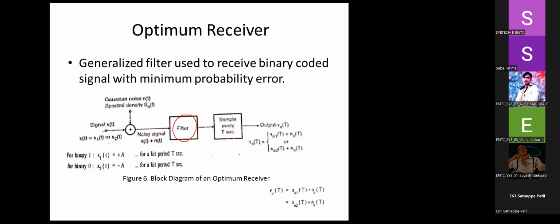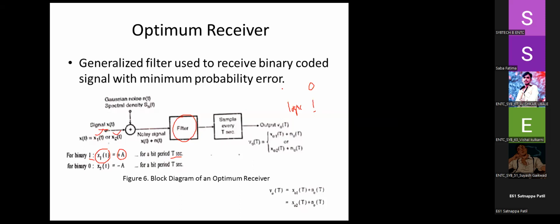Okay, so here say you have a signal x of t, and signal x of t is vectored into x1 of t and x2 of t. It means we are transmitting logic 0 or logic 1. Say for example, during the transmission of symbol 1, if there is a binary value 1, let that signal be considered as x1 of t, and it has an amplitude a for a bit period of T seconds.